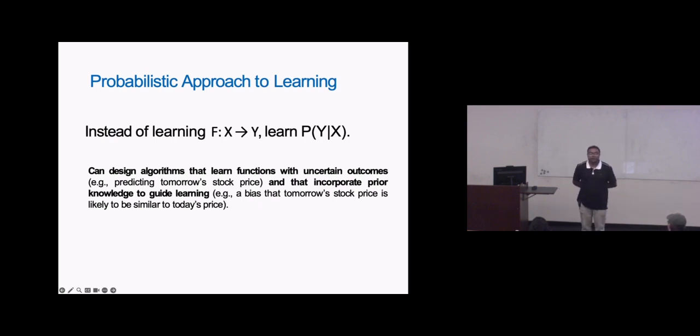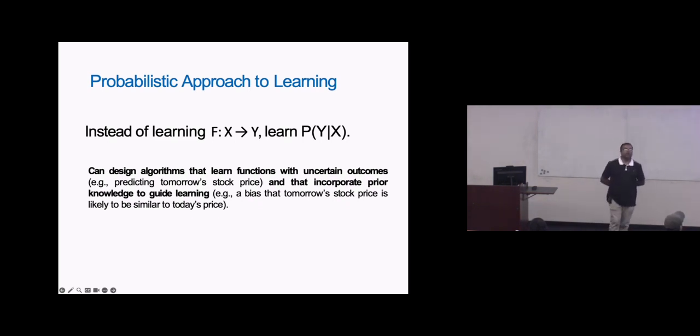So it's very important to understand what those terms actually mean, right? The whole idea is, instead of learning the function itself that can transform x into y, you want to know what is the probability that I will see a particular y given x. That's the probabilistic approach to learning, right?